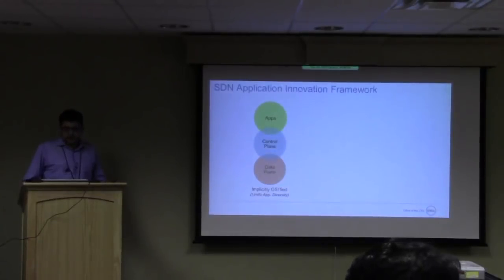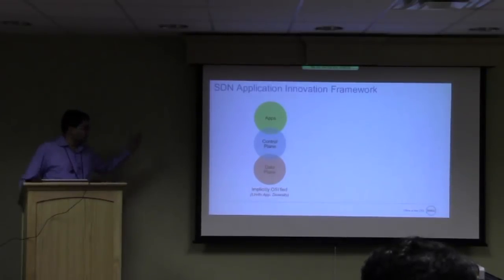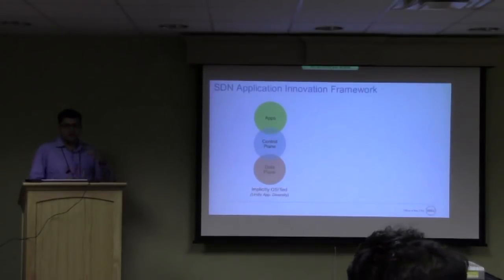So a little bit on the innovation framework. We went a little bit further and said that today's SDN architecture looks like an OSI model. You have applications, you have control, and you have data. And I think this is a little limited, because software-defined networking is all about software, and now it's stuck in an OSI model.